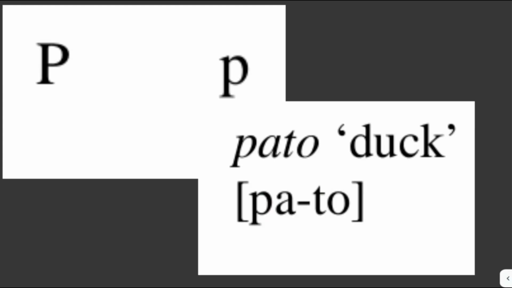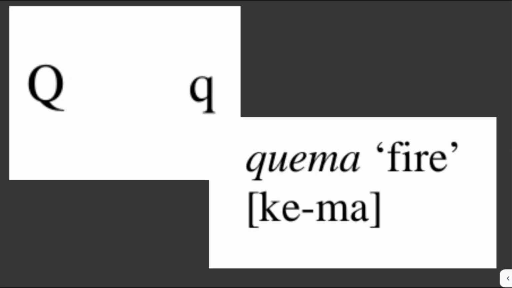For example, pato, pato, which means duck in English. The next letter is Q, which is pronounced as K, as in English, kite, wacky, silk. For example, quema, quema, which means fire.